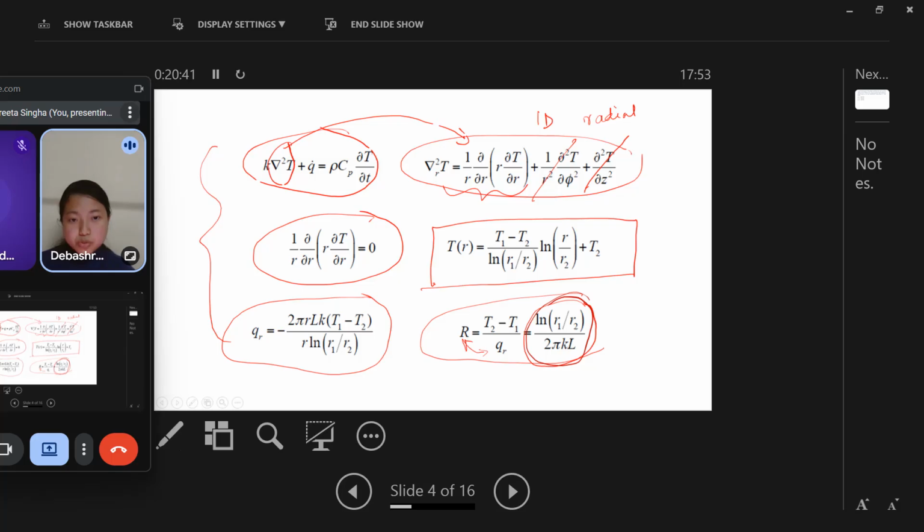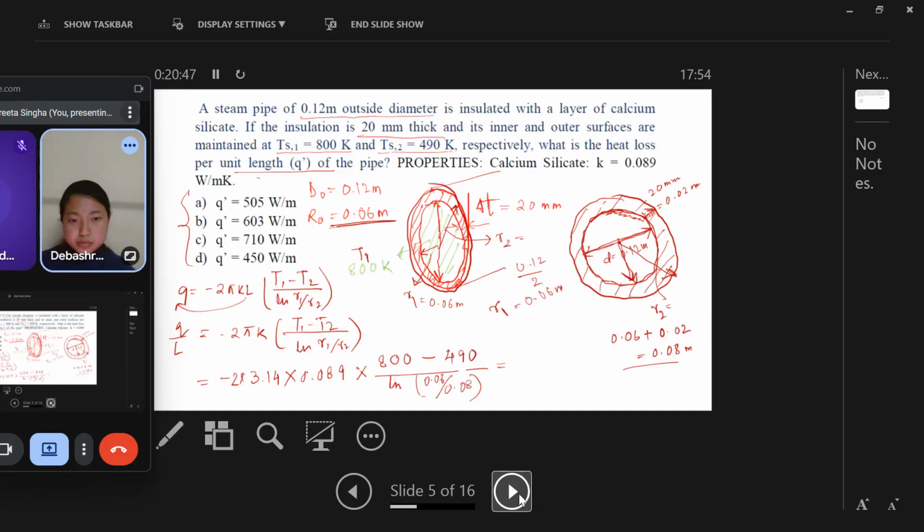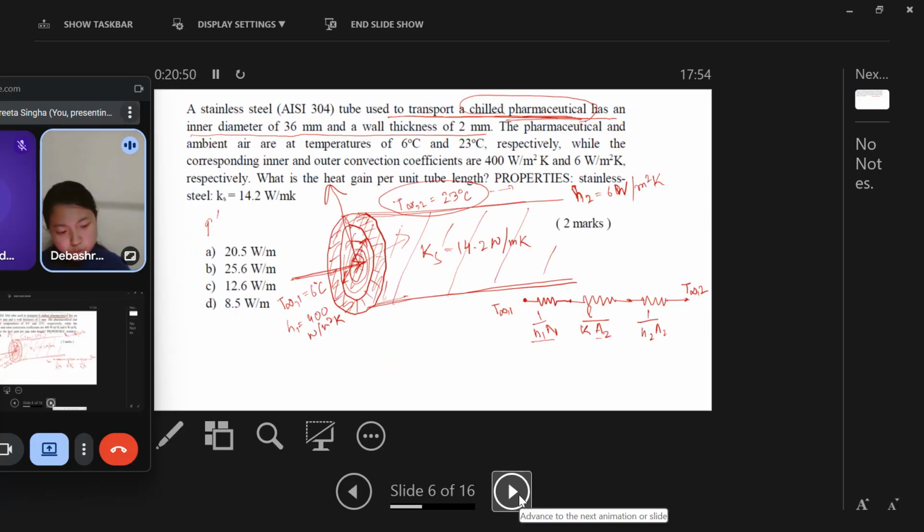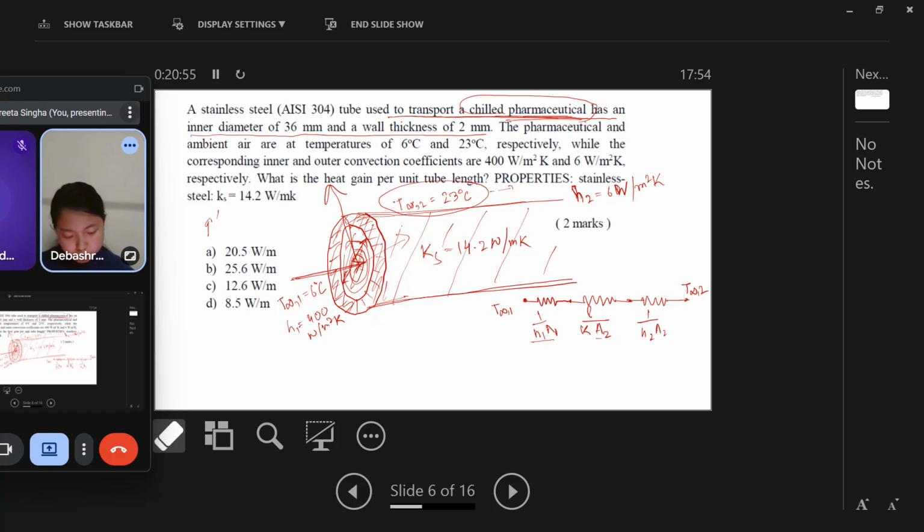So this is the formula we'll be using for the resistance for the conduction part. You cannot use the planar formula here. Instead, you'll use this formula.